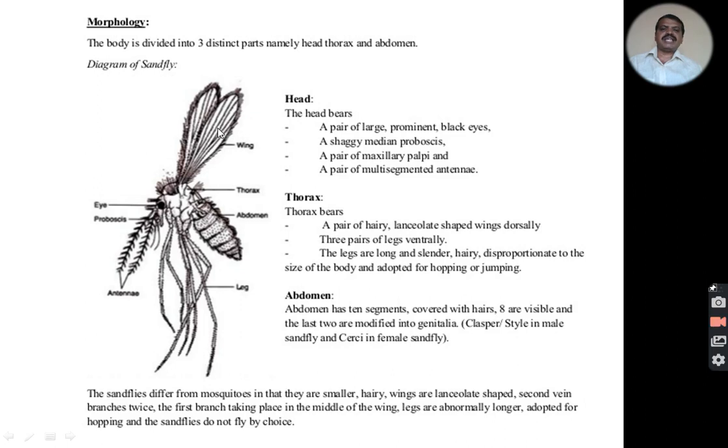Okay, so the vein arrangement in the wings is quite different in the sandfly from that of the mosquitoes. And the legs are abnormally long, adapted for hopping, that is jumping, and sandflies do not fly by choice.